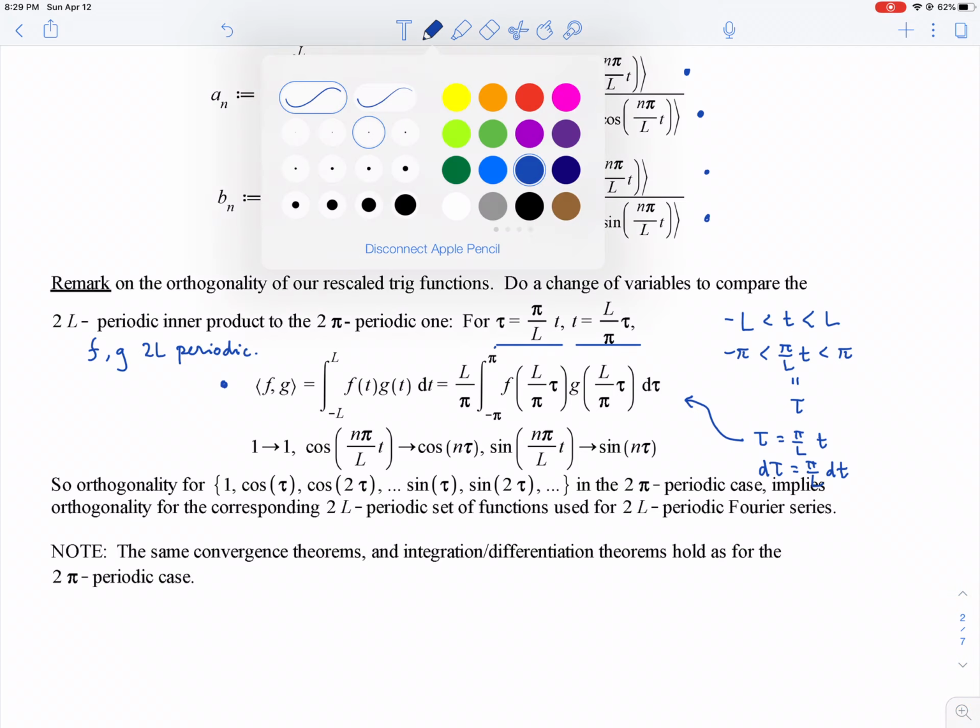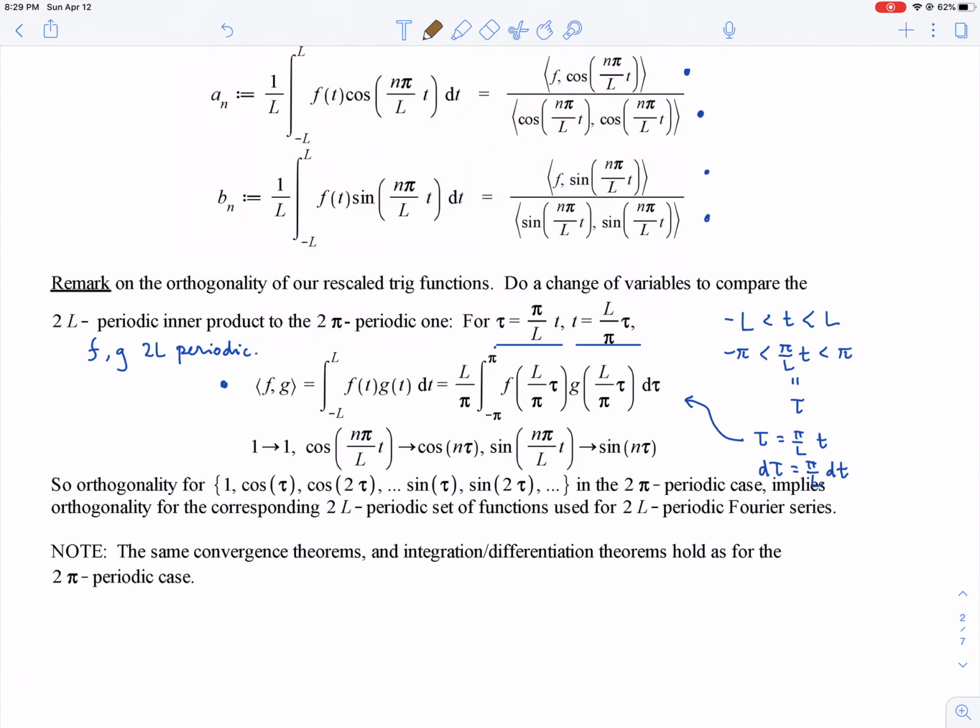All right, and when we change variables in a definite integral, we change the limits at the same time. So as t goes from minus L to L, tau will go from minus pi to pi. In the integrand, I just made the substitution, and then I replace the dt with L over pi d tau. And look what we've done.